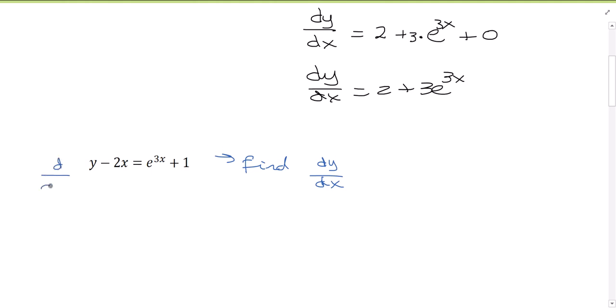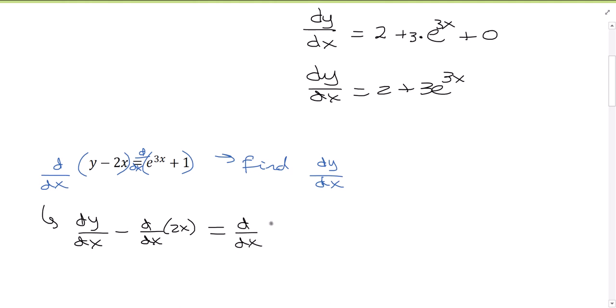I'm going to take the derivative with respect to x of both sides of this equation, right? So then on the left side, I'm going to have the derivative of y with respect to x, which is just dy dx, minus the derivative with respect to x of 2x equals the derivative with respect to x of all of these.